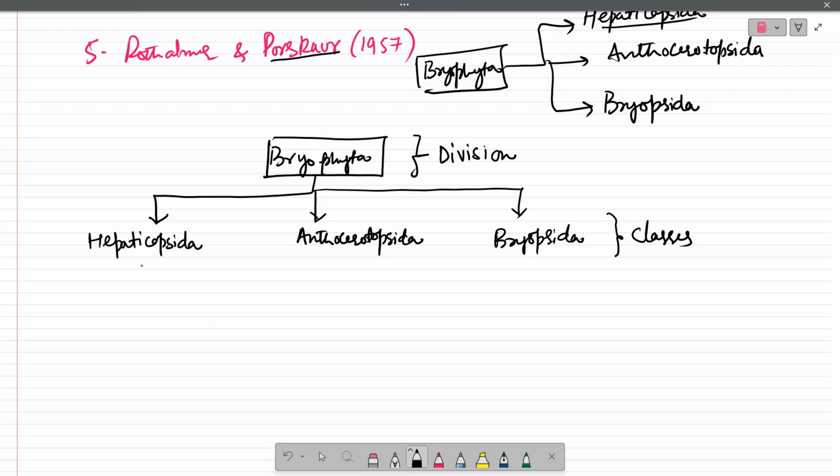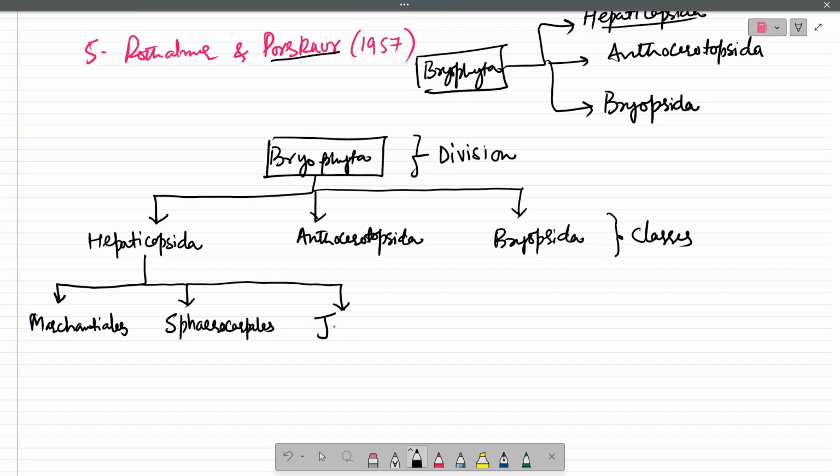Okay, and this Hepaticopsida was divided into four orders, which are Marchantiales, Sphaerocarpales, Jungermaniales, and Calobryales.